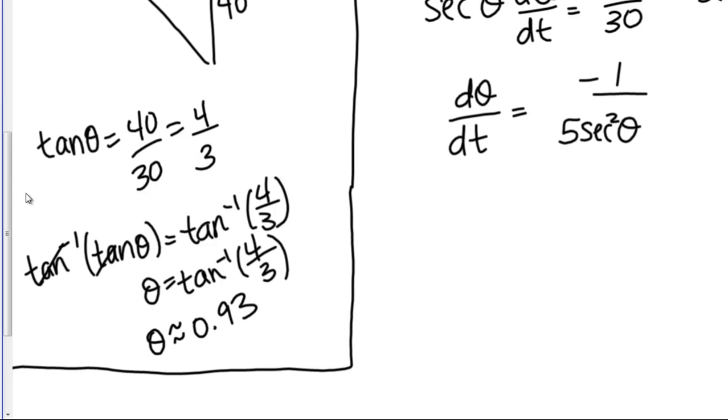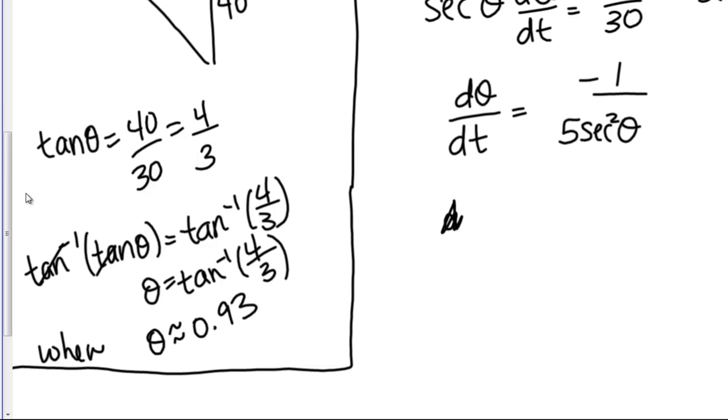Well, remember, we were looking for the rate of change of the angle theta, specifically at the instant when x equals 40. So basically, we just translated that when x equals 40 into a when theta equals statement. So this is now when theta equals 0.93. Then I can just take that and plug it into my equation and find what I want.